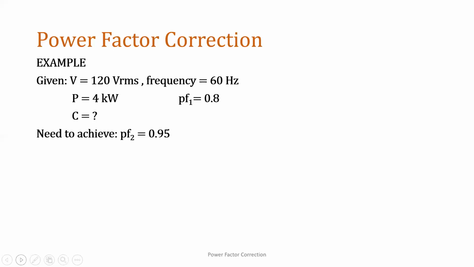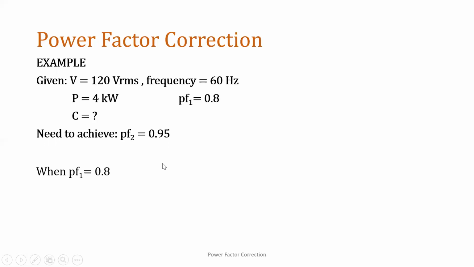Find the value of the capacitance to raise the power factor to 0.95. So our goal is from 0.8, we move up to 0.95 power factor. What is the value of that capacitor? We're looking for the value of the capacitance in order to achieve 0.95 power factor.